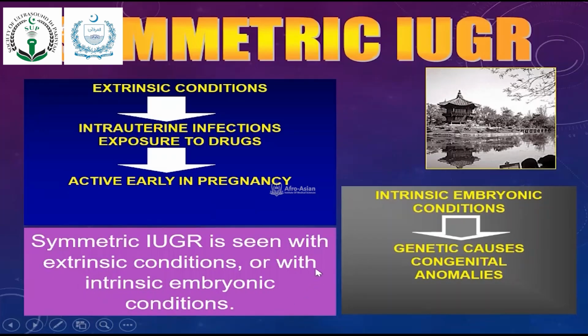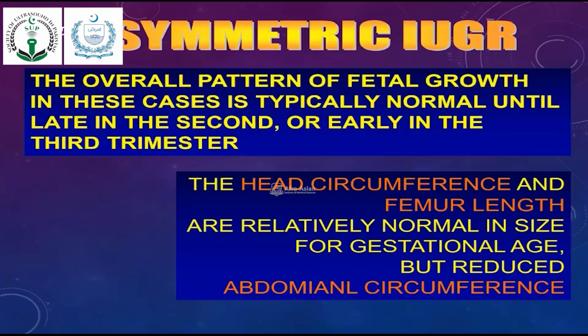So, intrinsic embryonic conditions are more important. That's why we can see its onset earlier. Obviously, there are some extrinsic factors we will discuss. Intrinsic embryonic conditions can be genetic causes, congenital anomalies, or infections.